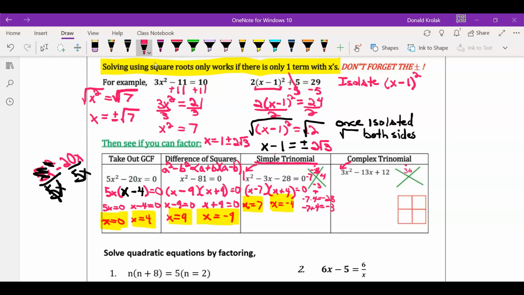And it's going to add together to be negative 13. So 36, 2 and 18, 3 and 12, 9 and 4. Yep. 4, 9. They both have to be negative.